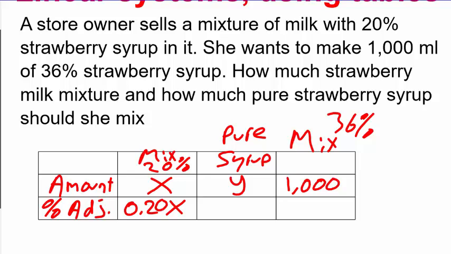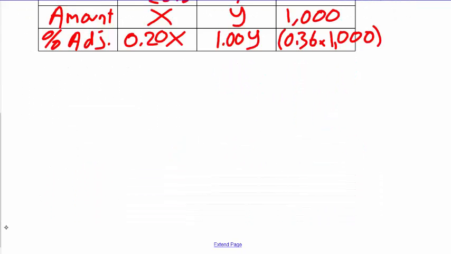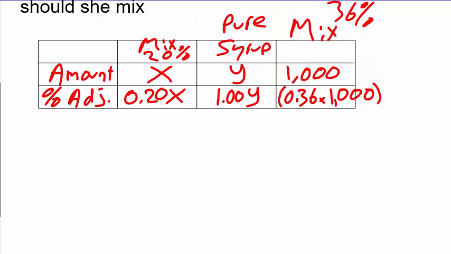This is pure, so it's 100%, meaning just 100% Y, and we're gonna multiply this with 0.36 times 1000. So that's how we make the table, and this table should help us create the equations and then work on it.